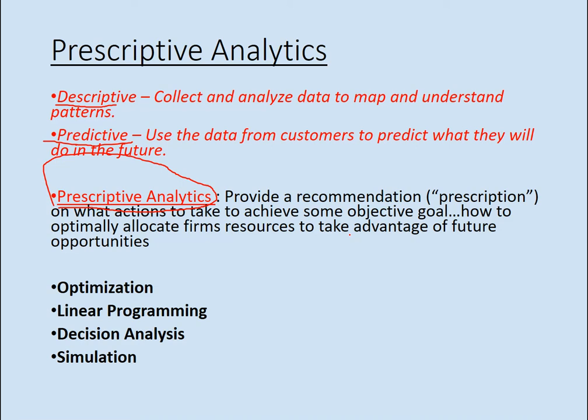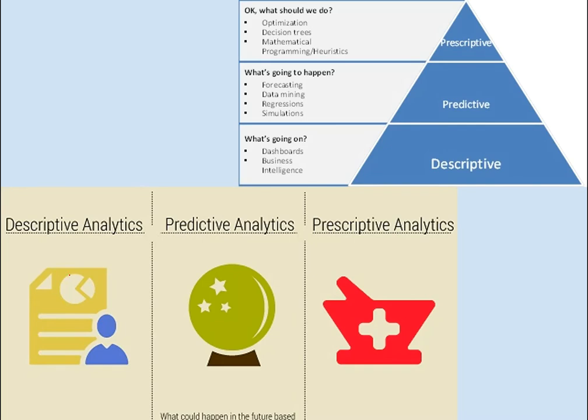Every firm has limited resources, and you want to allocate your resources optimally so that you get the most out of them. And that's the goal of prescriptive analytics: based on this prediction, how should we use our resources to take the most advantage of the predictive analytics we have done?